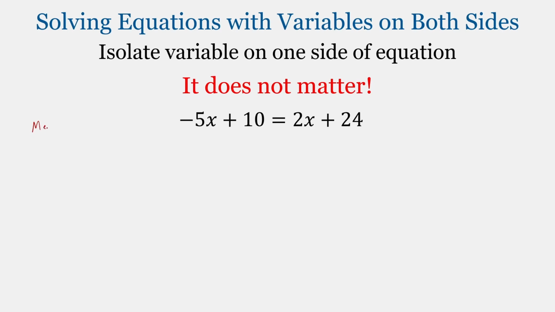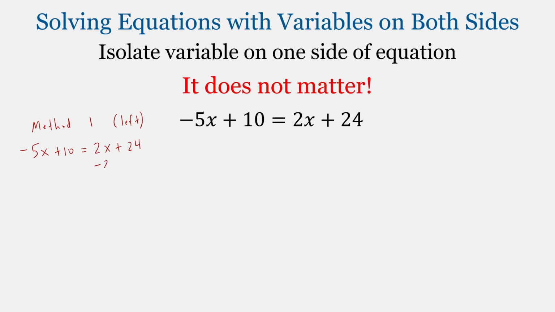So for method 1, we will go ahead and isolate it on the left side. So we have negative 5x plus 10 equal to 2x plus 24. So we want the x to disappear on the right side if we're going to isolate it to the left.